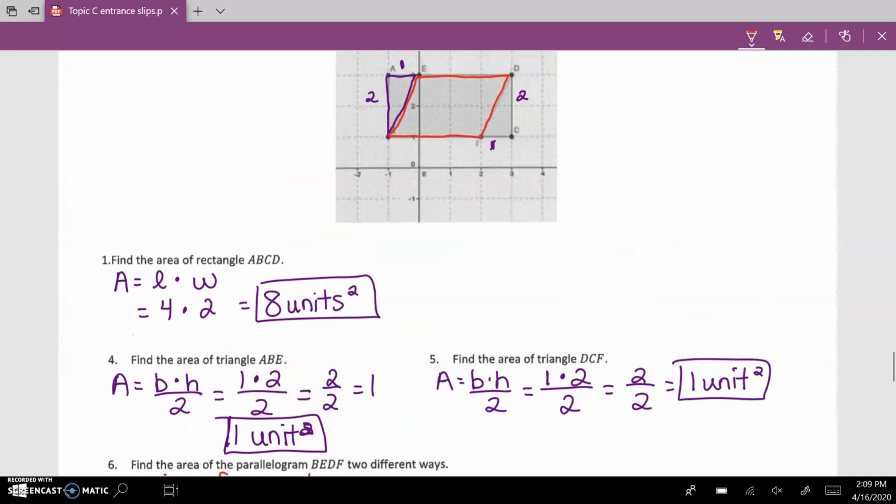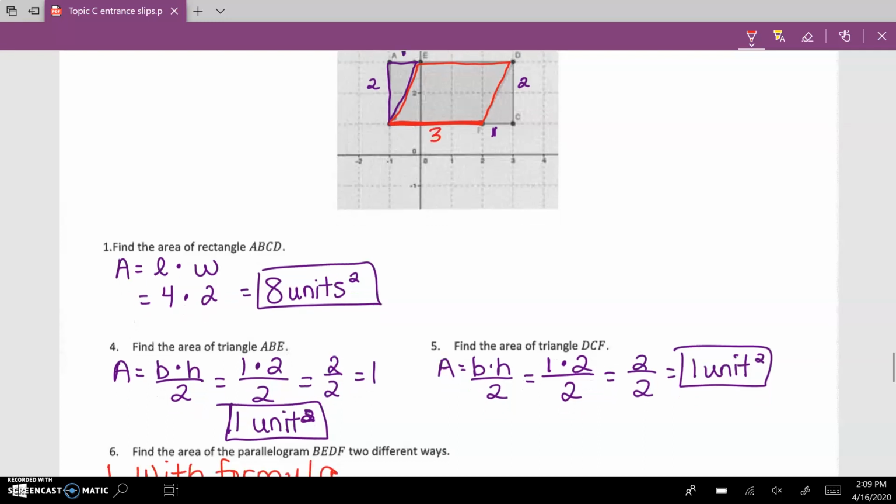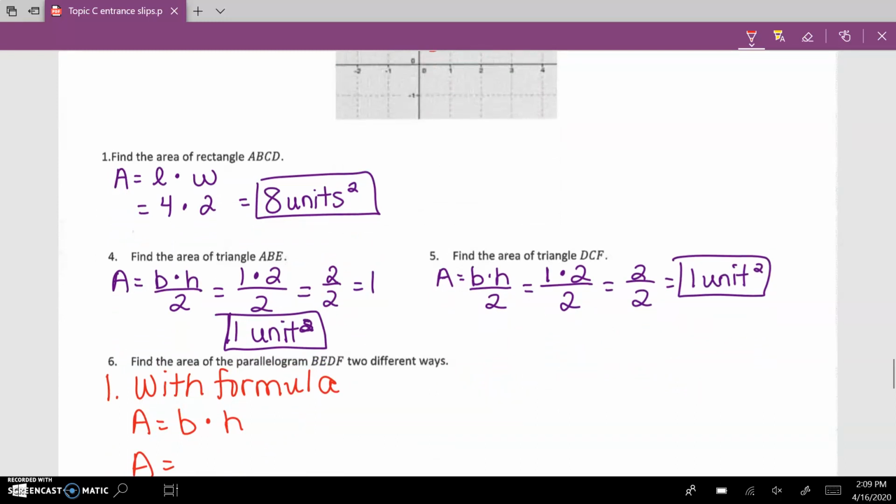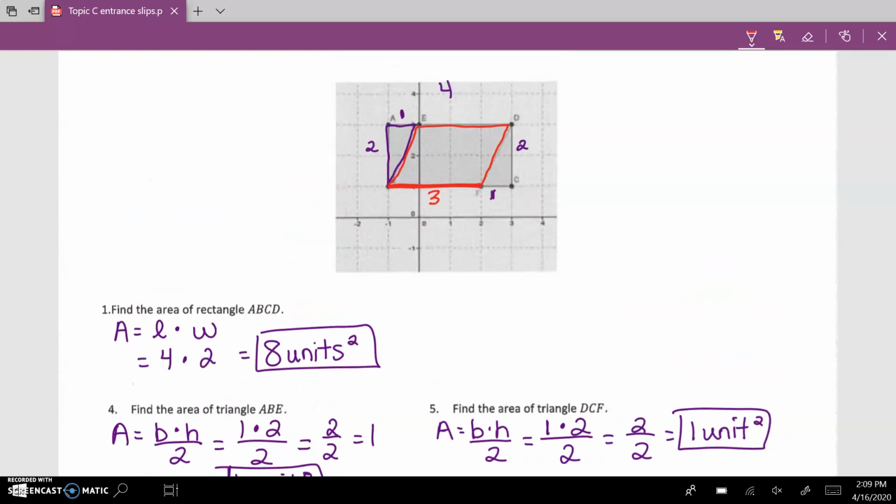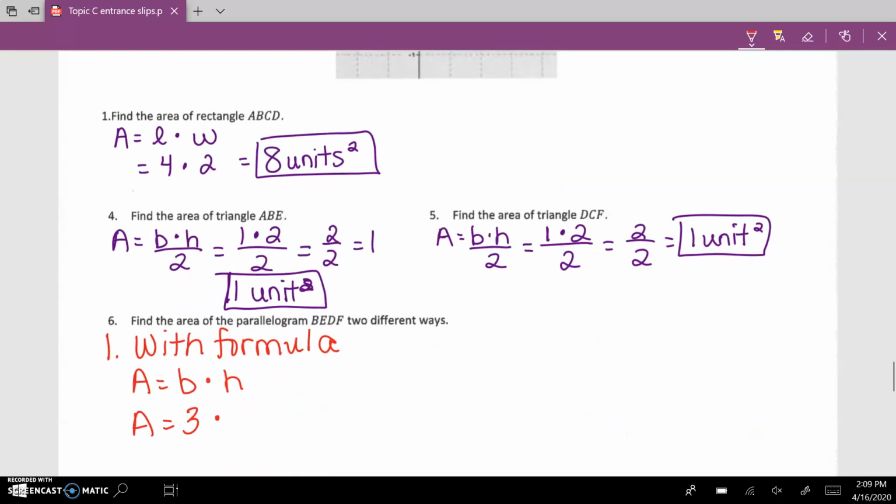So the base of this guy would only be this bottom part. So it's not going to be 4, it's only going to be 3 because of that little 1 that's part of the triangle. So our base is 3 times our height. Our height is still the same as it would be with the triangles on, so that's 2. So the area is 6 square units.